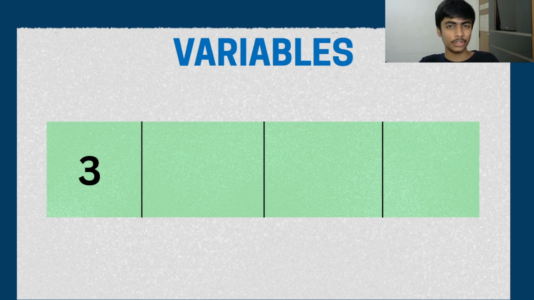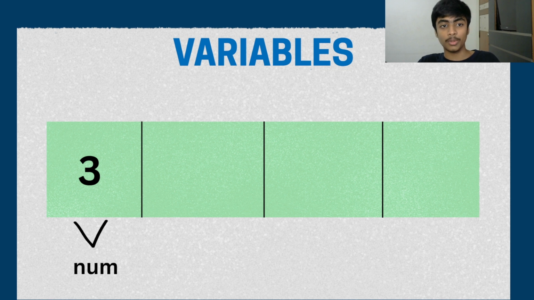Now, an important thing that you should know is that the name that we give to a variable is not the name of the value. It's the name of the position that it occupies. If you look at this green box, let's say that this green box represents all the memory in our program. And a value, an integer, occupies a certain amount of memory in this green box. We're going to store this value in a variable, num.